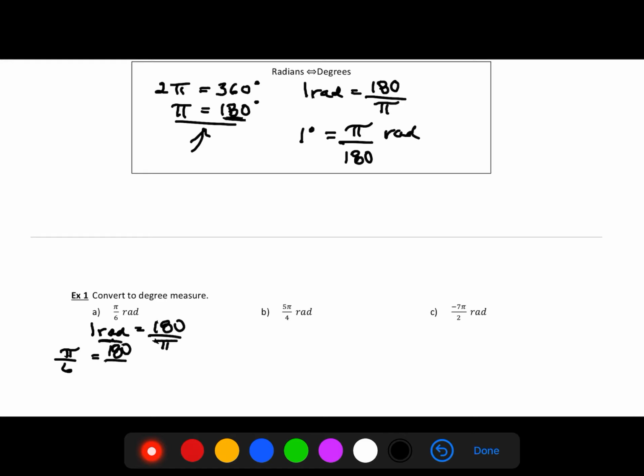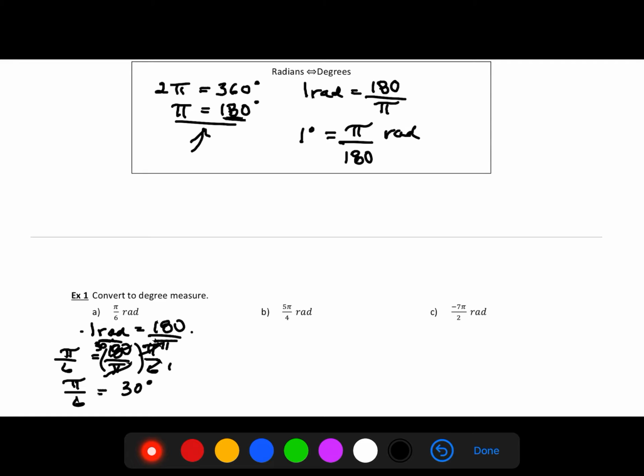And we're going to take 180 over pi and multiply that by pi over 6. We're just multiplying both sides by pi over 6. And now we're going to simplify this. Our pi's cancel out. We can also simplify diagonally. 6 divided by 6 is 1. 180 divided by 6 is 30. So pi over 6 is equal to 30 degrees.